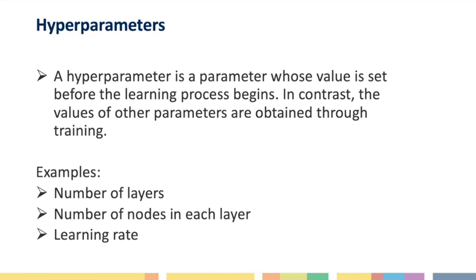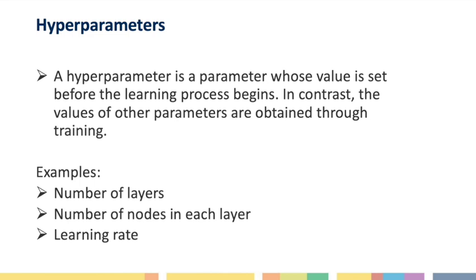Something else that's very important are the hyperparameters. A hyperparameter is a parameter whose value is established before the learning process begins. So we're talking about machine learning, but the machine cannot learn everything by itself. There are some parameters that I have to set before the training begins. So these are called the hyperparameters. But the values of other parameters are obtained through training.